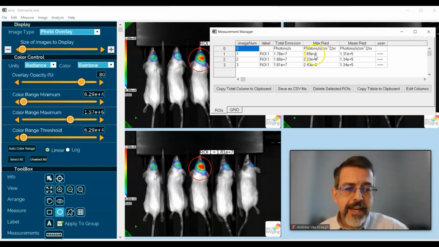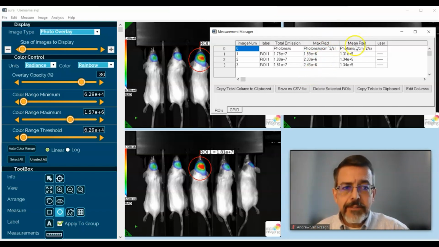It is simply telling you how hot the hottest pixel is in terms of photons per second per centimeter squared per steradian. Okay, so this is inherently not going to be a useful regional analysis of the total quantity of signal seen in that region. So we'll discount the use of max radiance on that basis.